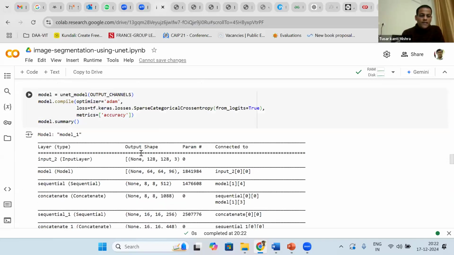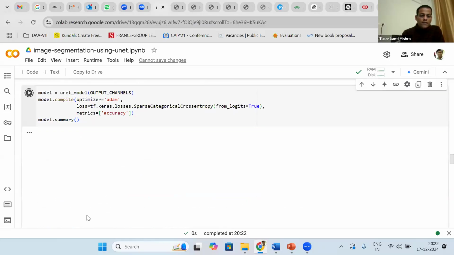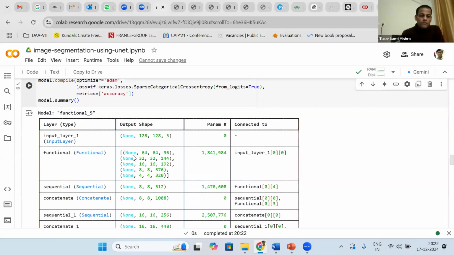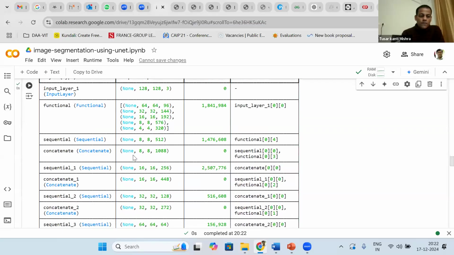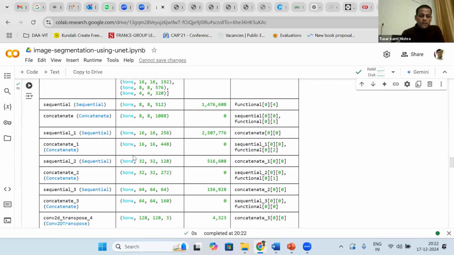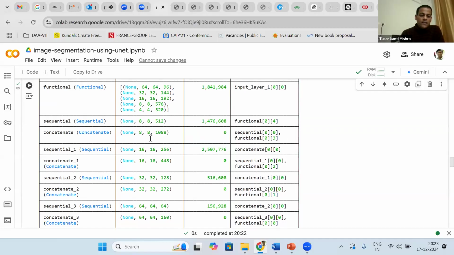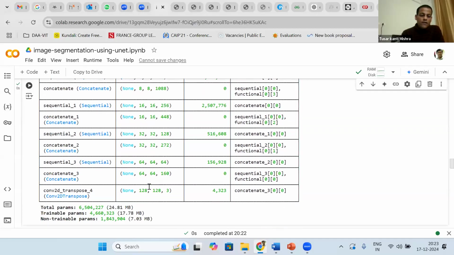Now we are going to train it. Again, it will reappear. As you can see, at the beginning it is 128 cross 128, then going down to 64, 32, 16, 8 and 4. Again, it is picking up size 8, then 16, 32, 64 and finally 128 cross 128.